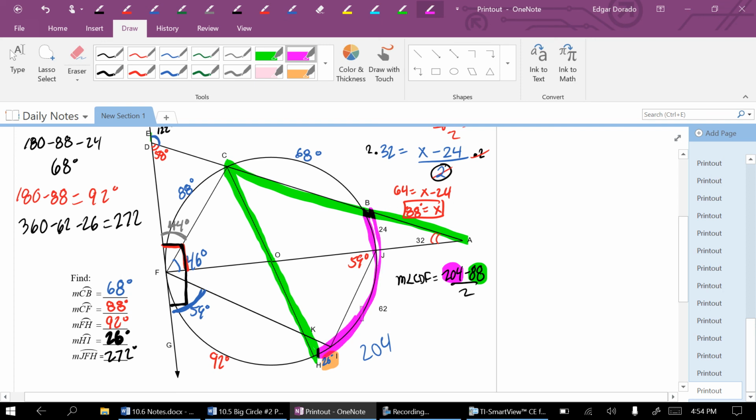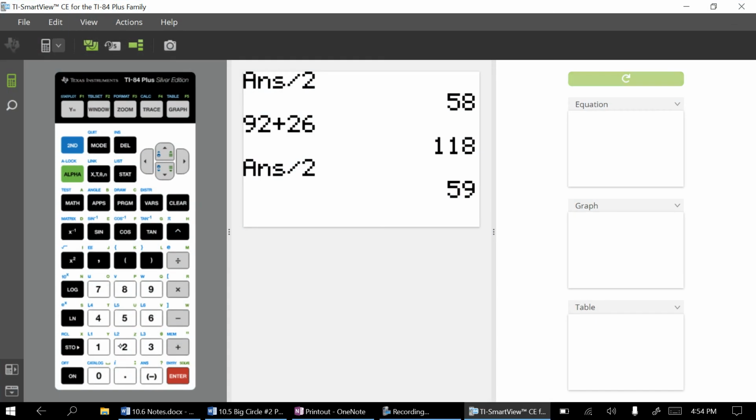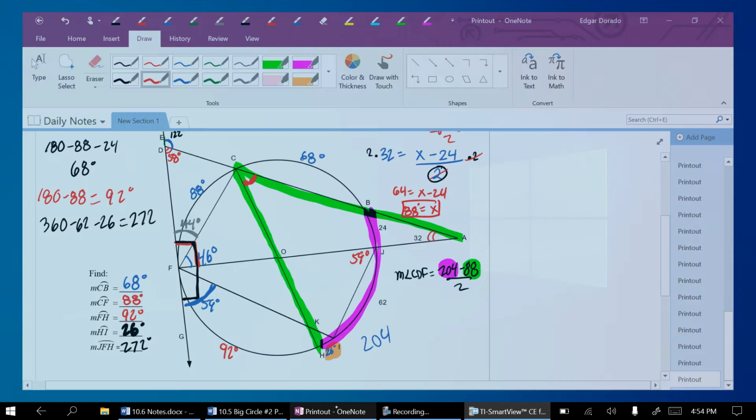Again, this is an inscribed angle, and it intercepts that piece of arc, which is 24 plus 62 plus 26. 24 plus 62 plus 26 gives me 112, so I have to divide that by 2. That gives me 56 degrees.